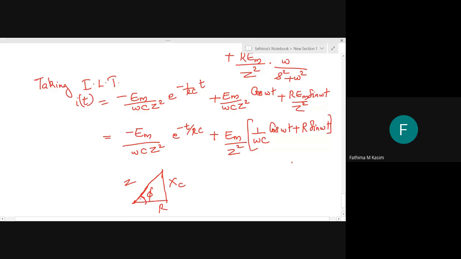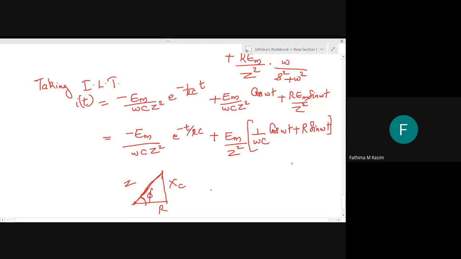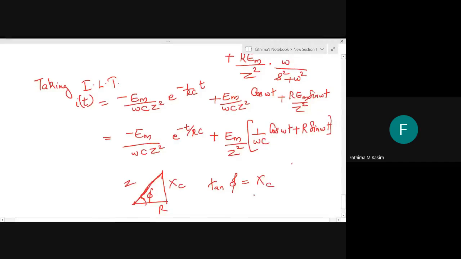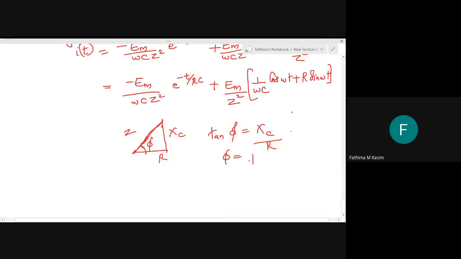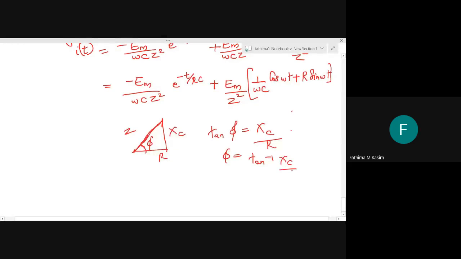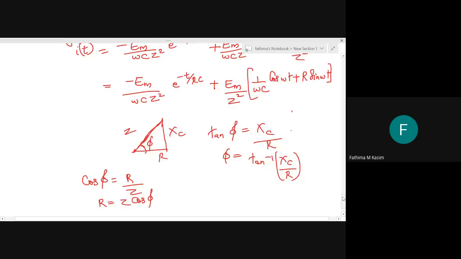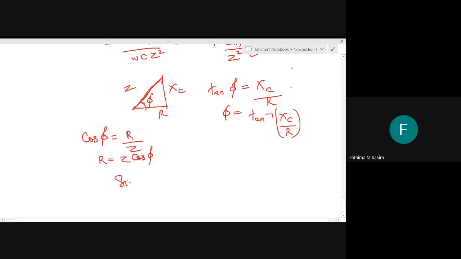So from this impedance triangle, it is clear that tan phi is equal to opposite side by adjacent side, which is equal to XC by R, or I can write phi is equal to tan inverse XC by R. And from this, cos phi is equal to R by Z, or I can write R is equal to Z cos phi, and sin phi is equal to XC by Z, or I can write XC is equal to Z sin phi.